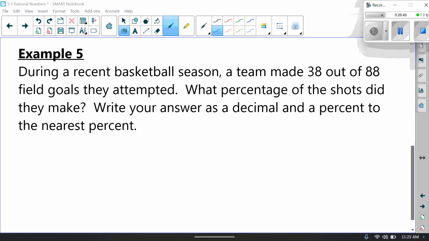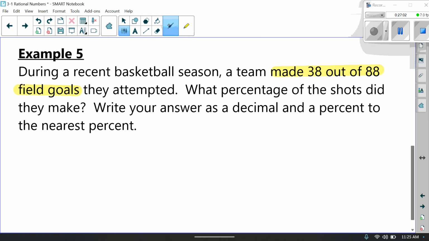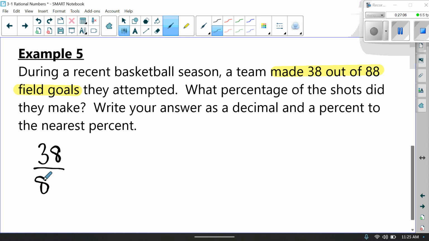They made 38 out of 88 field goals, right? Now, how do I write 38 out of 88 as a fraction? We're going to write 38 over 88. There's my fraction. Write that down.